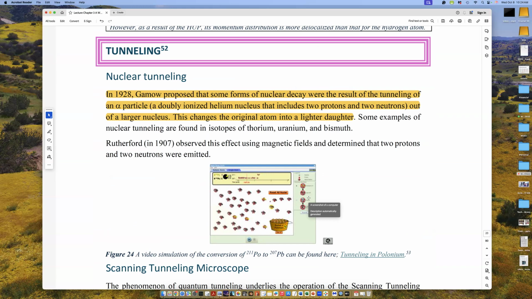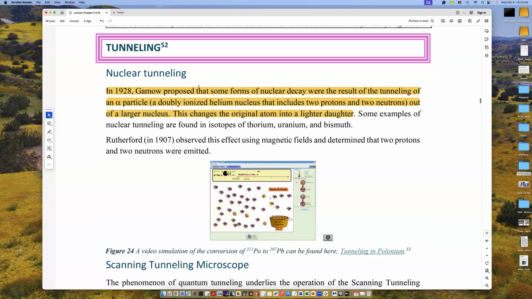He proposed in the late 1920s that nuclear decay could result from tunneling of a group of neutrons and protons just popping spontaneously out of the nucleus of a heavier atom. And that's exactly what is seen. So we have these various radioactive isotopes, and nuclear tunneling is the reason that they slowly decay.